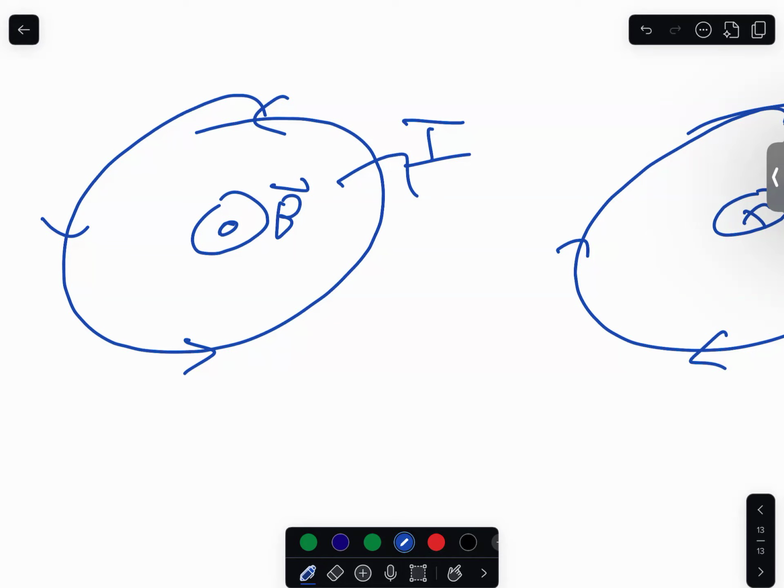Let's do the first example again. Here's my loop of wire. I'm going to strengthen the upward pointing magnetic field. What direction is my reaction field again? Point for me. To oppose the increasing up field, I want a down field.